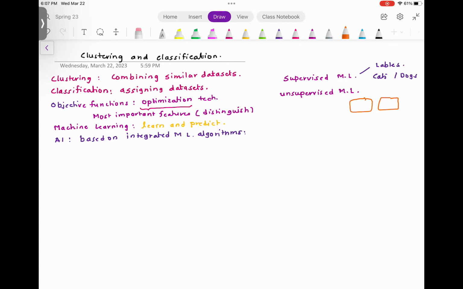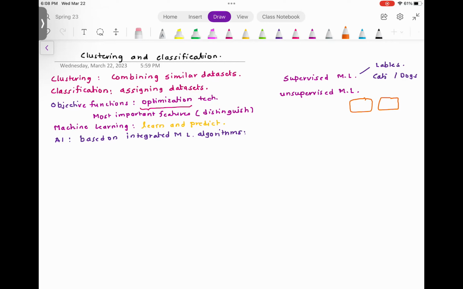In unsupervised machine learning, you run the algorithm and it doesn't know the labels, but it looks at the similarities, or compares the features, and finally decides or classifies.